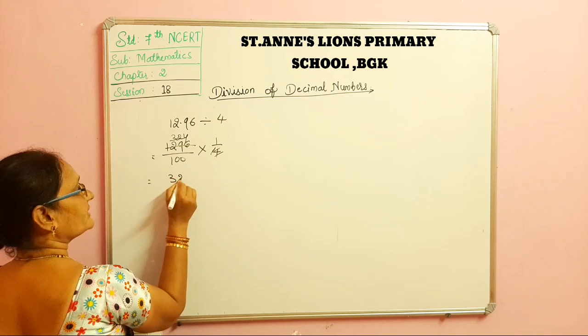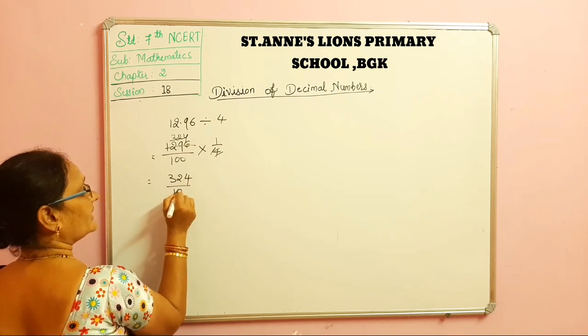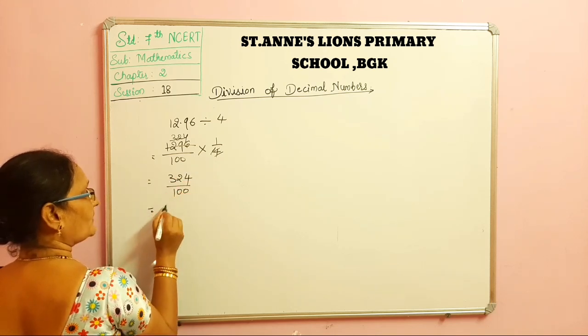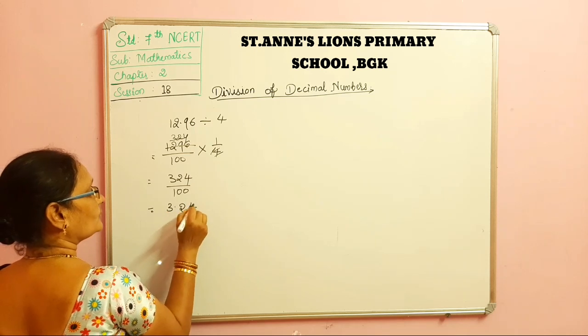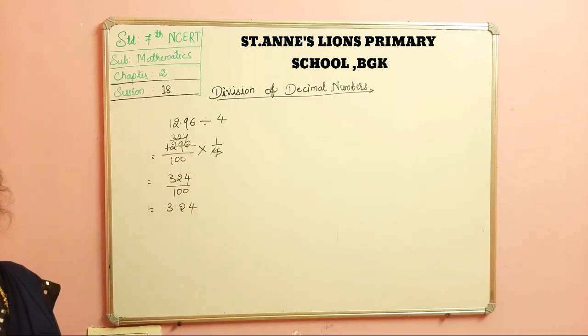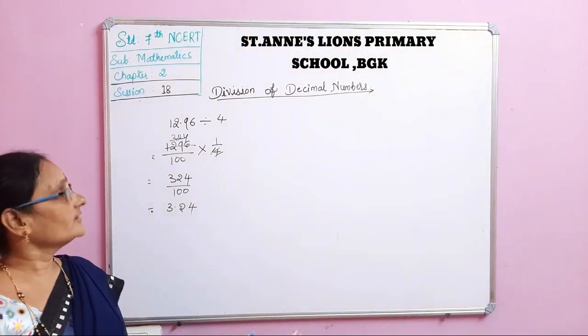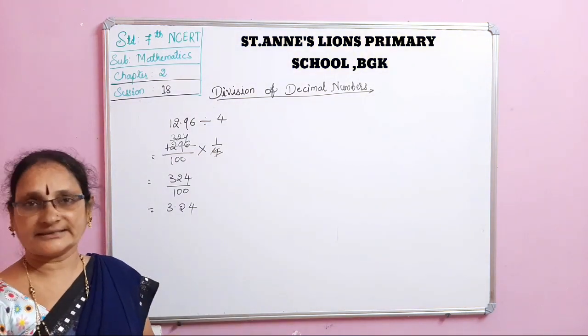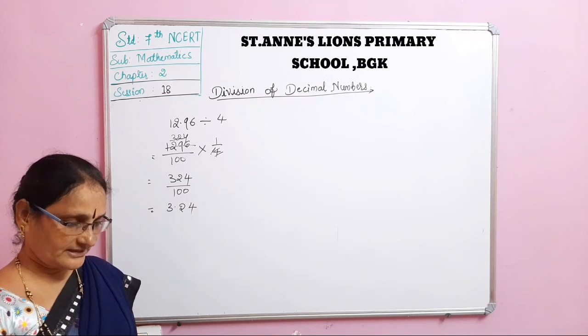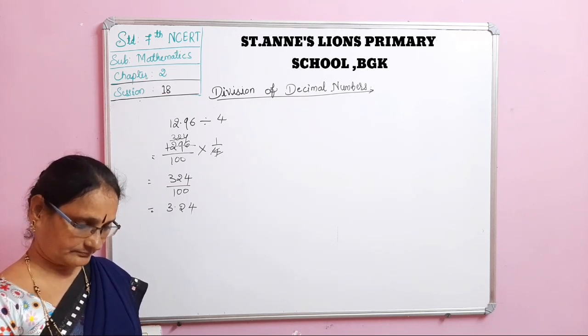So this is 324 by 100. This is nothing but 2 places, 3.24 is the answer. Like this you can do it. For this also different ways are there, but this method is the easiest method.